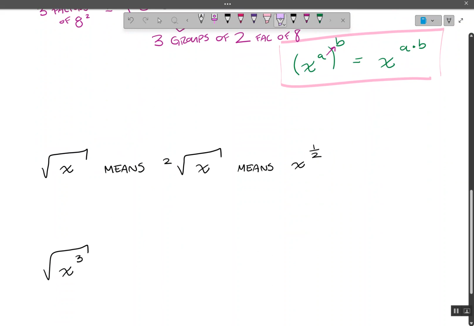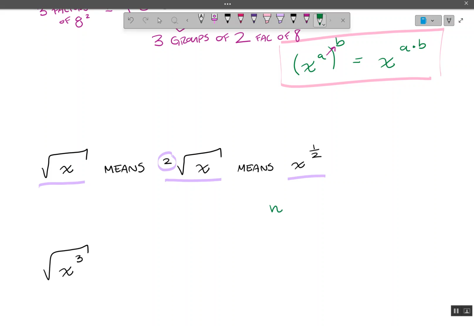The square root symbol means the second root. It's so common that we just don't write the 2. And what that means is the 1/2 power. And so in general, we can have some number here. This means the same thing as this.